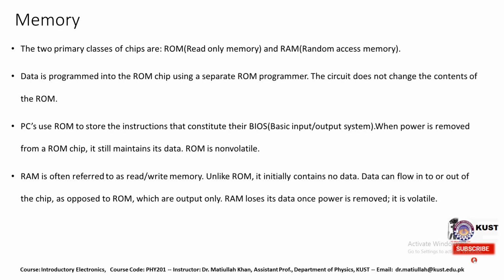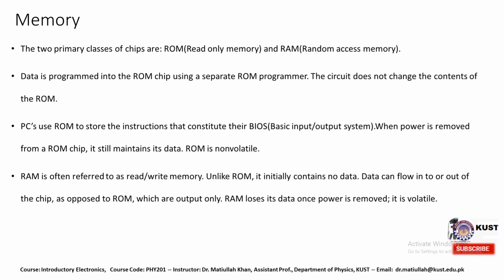So we have basically ROM and RAM, and each has its own individual objective, specification and operational method, how it can get the data, how we can retrieve the data from it, and how it could be used.